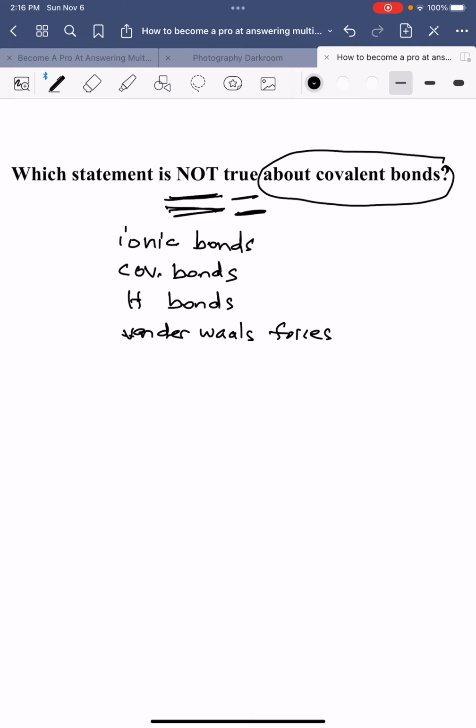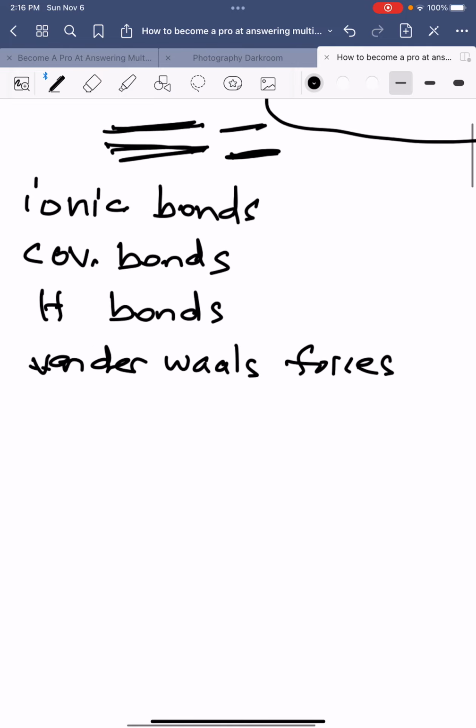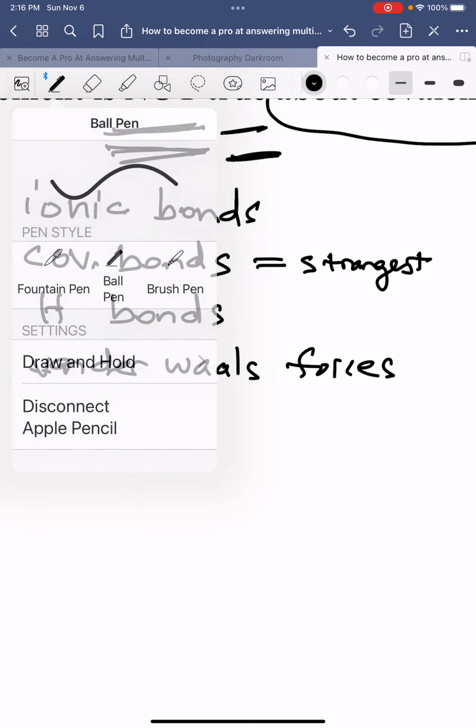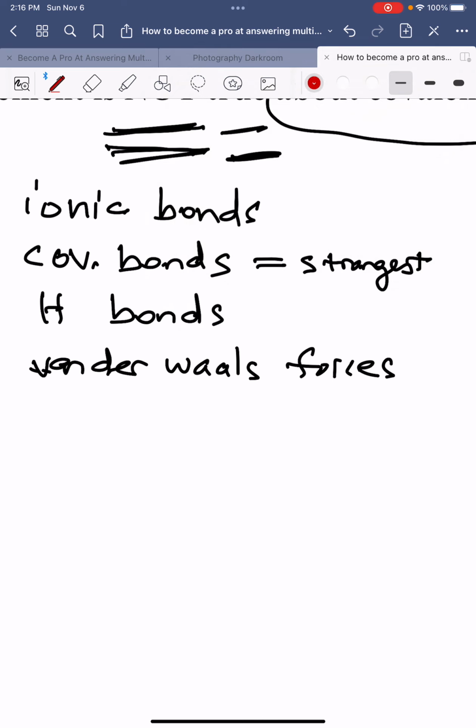So if you have that little list in front of you, maybe you can remember that covalent bonds are the strongest type of bond we have compared to ionic, hydrogen, and van der Waals forces. So going over these other kinds of bonds, you could now recall maybe an example in class.